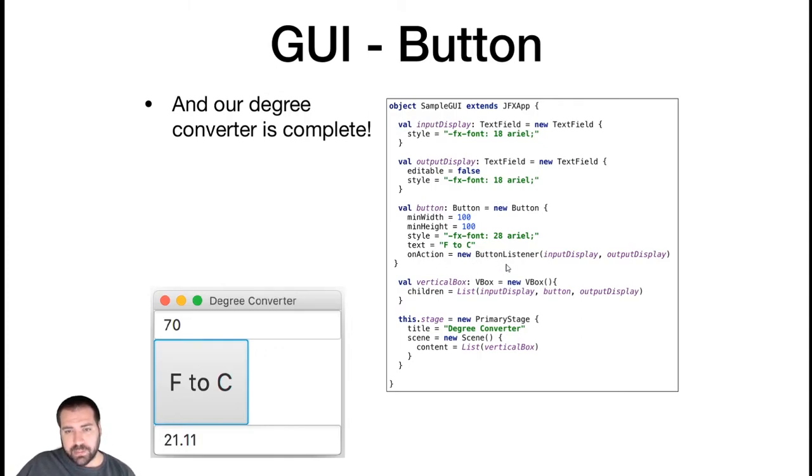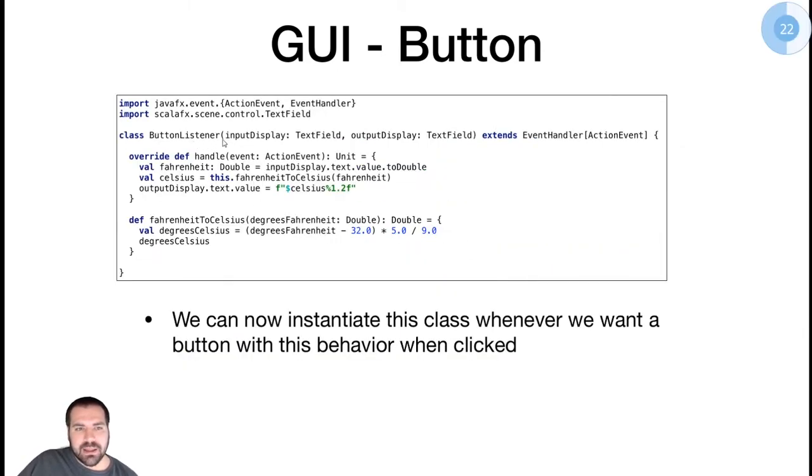The big piece of functionality here, the event-based architecture side of this, was adding a button listener to the button, which has references to both displays. When the button is pressed, the listener receives the handle event. It'll get the action event called through its handle method, which is clicking on the button, and this event has all the details of that event. For our purposes here, we're not concerned with any of those details.